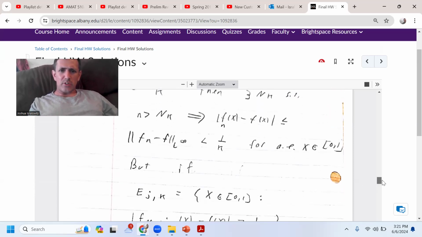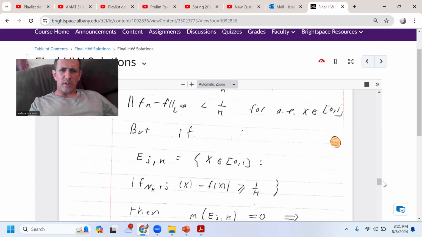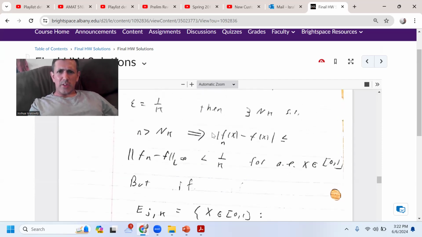I think the cleanest way to do this is the exact same thing, but stick a plus J here. We're taking full advantage of the fact that this has measure 0 for each J and each K. It's saying that this here is less than 1/k for almost every x in 0 to 1.